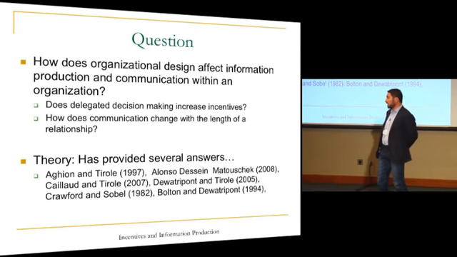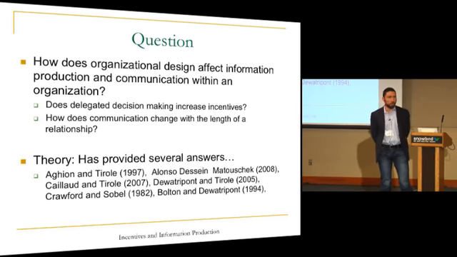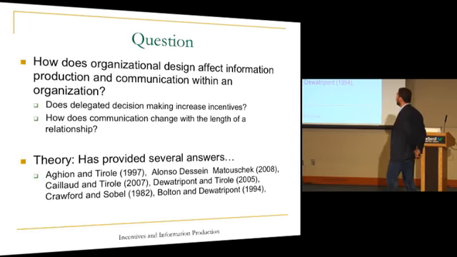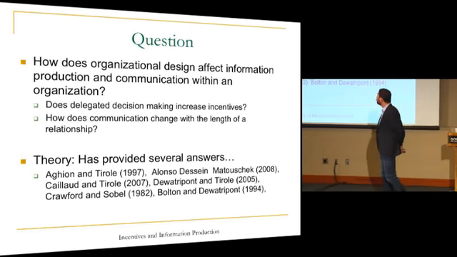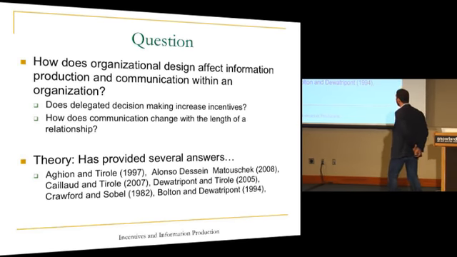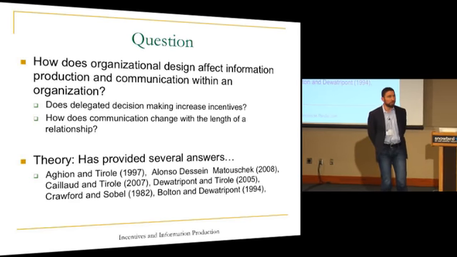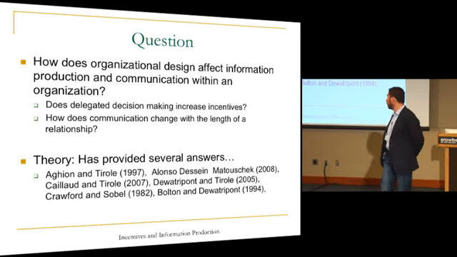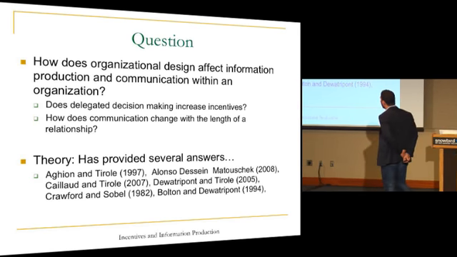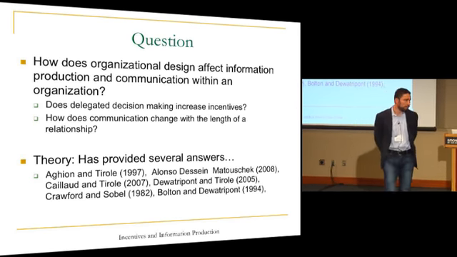Let's begin by asking, does information just pass from one part of the organization to the other, and what are the agency problems that inhibit that? The specific questions that they're going to drill down on here are, does delegated decision-making increase incentives, and how does communication change with the length of a relationship? Theoretically, that's just a small smattering of what's been done. There's a lot of theoretical work.